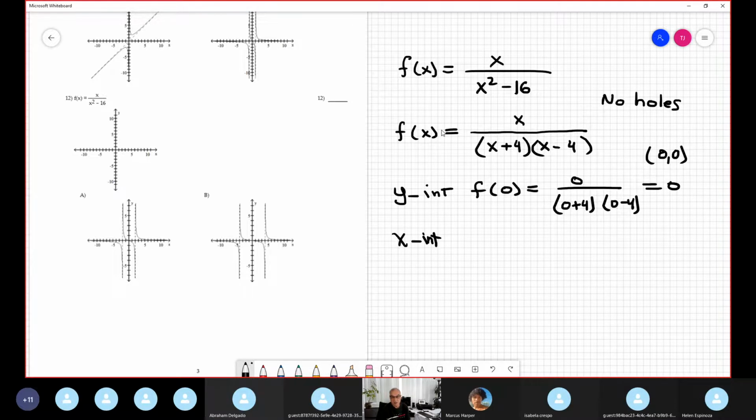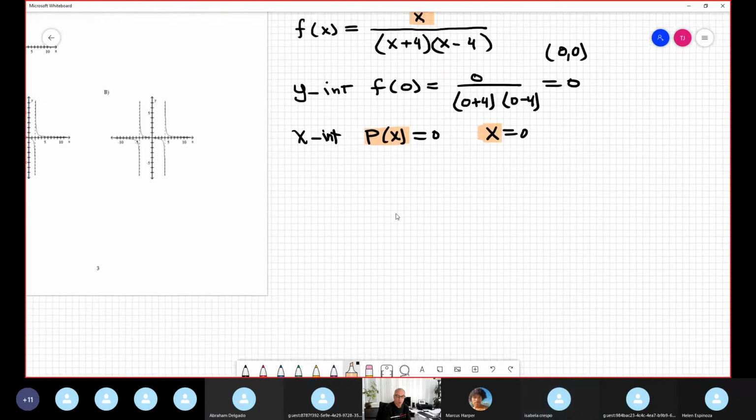Remember, for the x-intercept, the only thing you should do is take the polynomial at the top, which is p, and force it to be 0. In this case, x equals 0, because polynomial p is this guy. You take x equals 0. Now this is equal to x. So we discover we have only one point, 0,0, which is the origin, and it is both the x-intercept and the y-intercept. Got it?